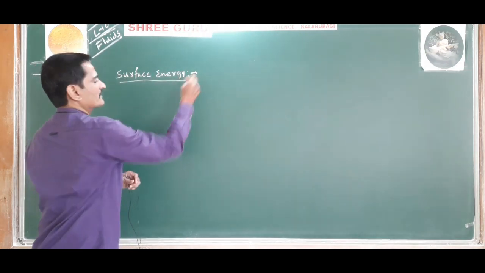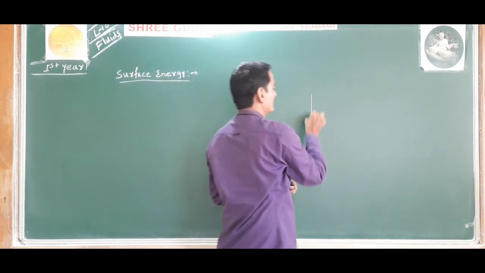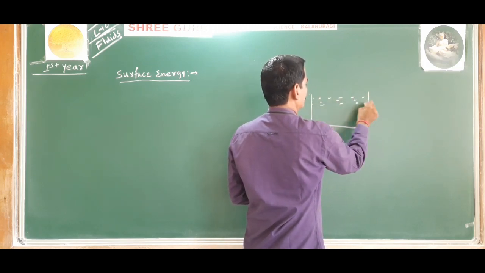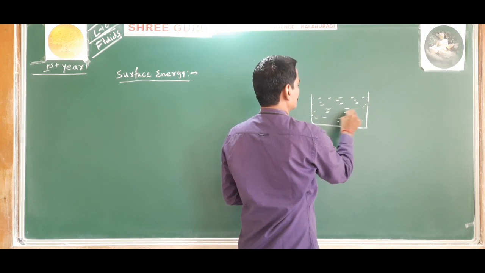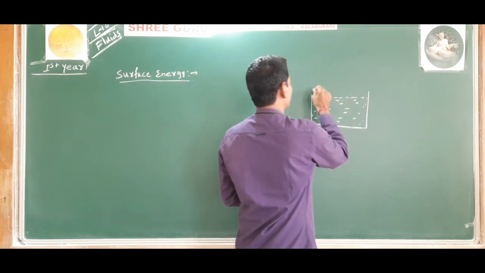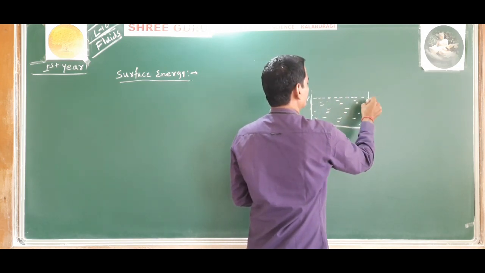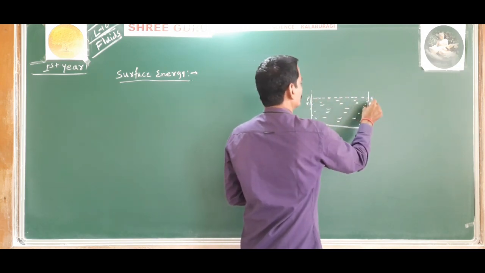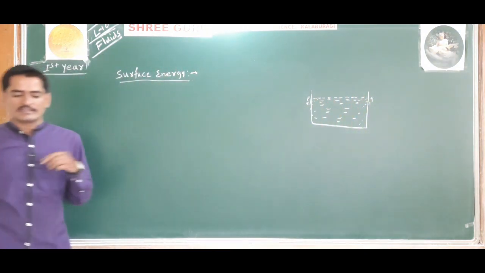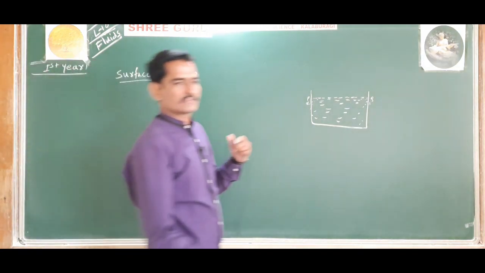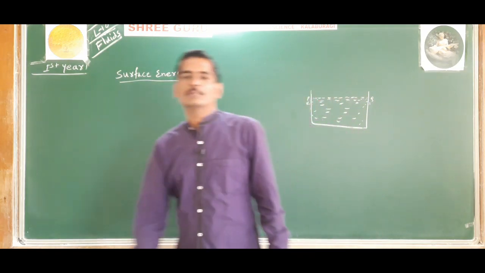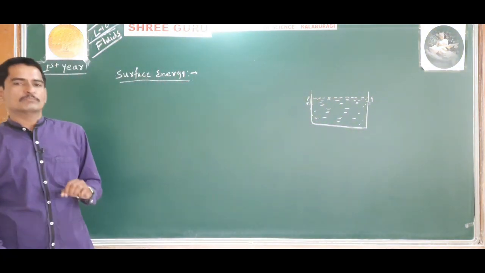In the previous class we studied that for a liquid in a container, all the molecules present at the topmost surface, that is P, Q, R, S, as we have written, will experience a net downward force, so the potential energy will be more.